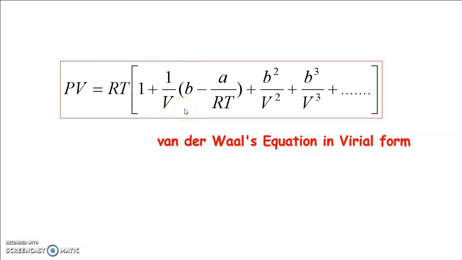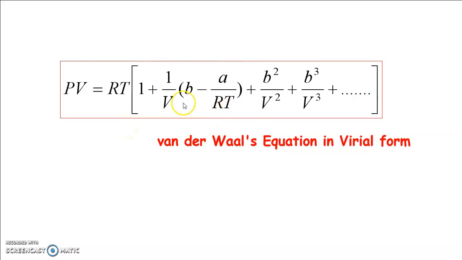We have seen in the first slide that PV equals RT into 1 plus capital B by V plus capital C by V square plus capital D by V cube plus etc. as the Virial equation.